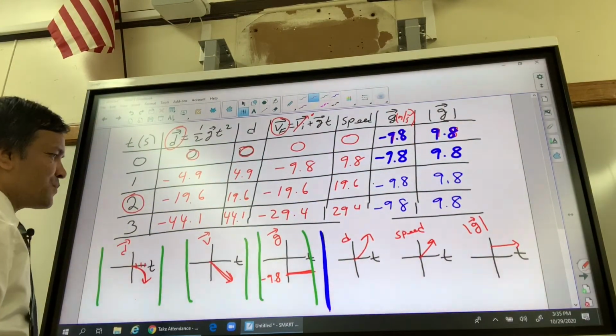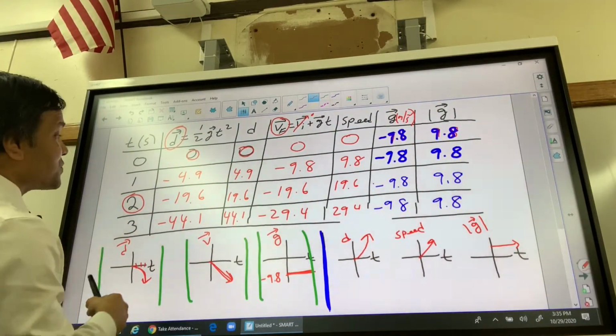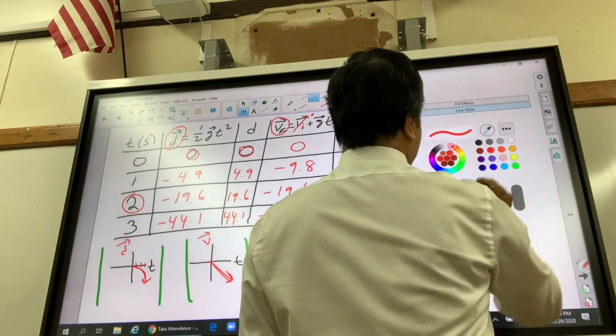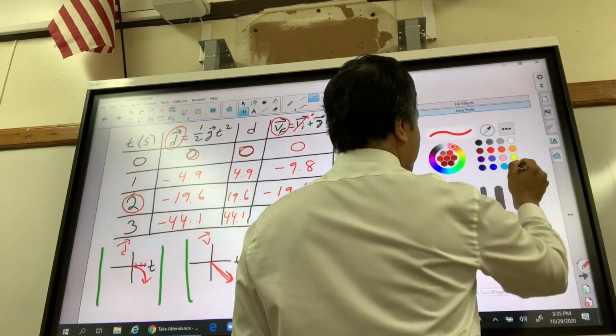Now we're going to write the equations. First we're going to write using the math, and then using the physics. Let's start with the math.